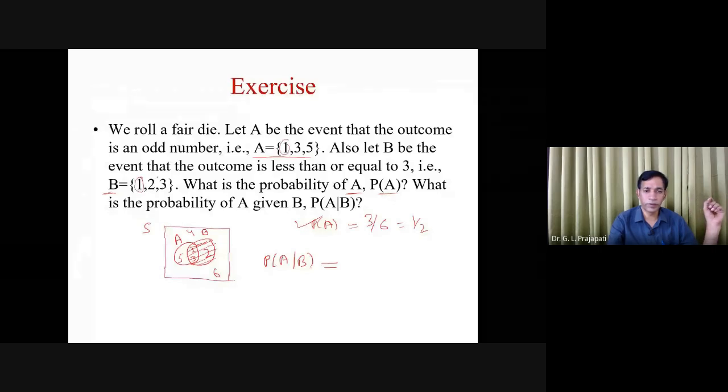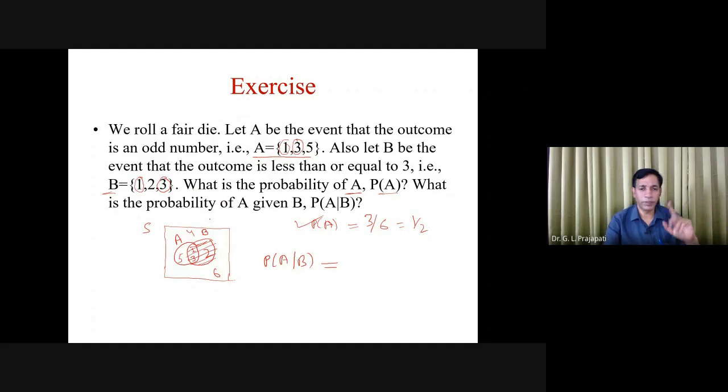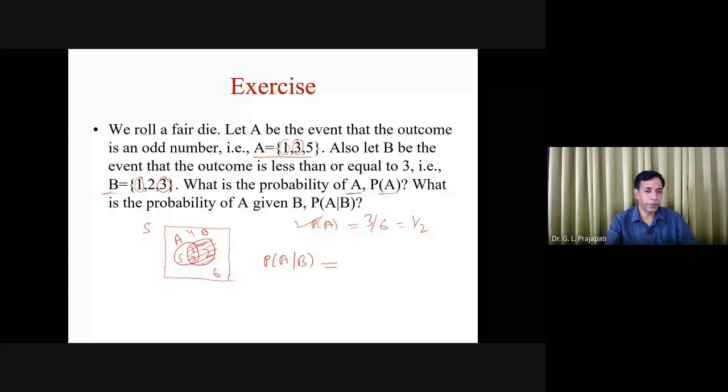So either 1 or 3. If outcome is 1, then A occurred. If outcome is 3, then A occurred. If outcome is 2, then A will not occur.